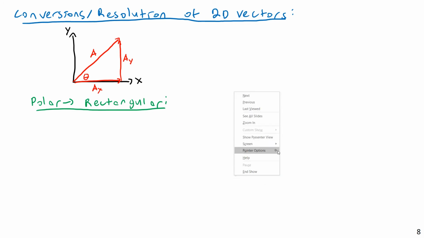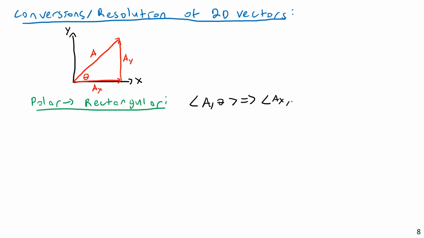What I'm saying is I have a and theta, and I want to convert to ax and ay. So think about this for a moment. This really is a simple triangle at this point.